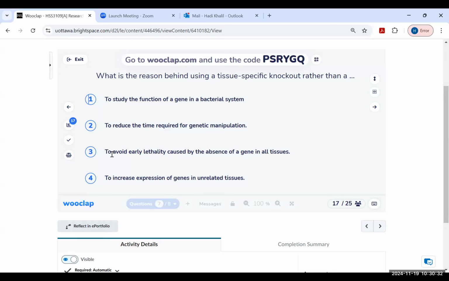And is it to avoid early lethality caused by the absence of the gene in all tissues? This sounds more logical. And the last one would be to increase the expression. Be careful, it's not to increase the expression.